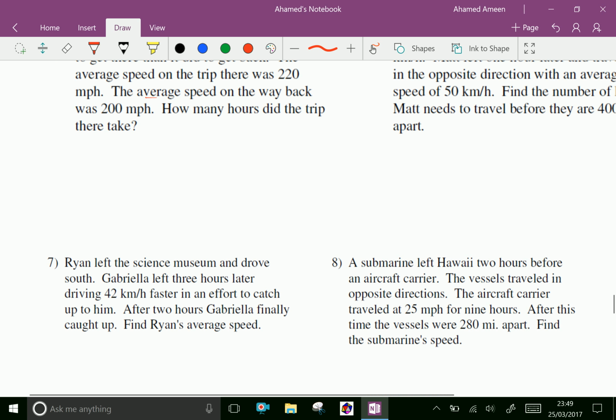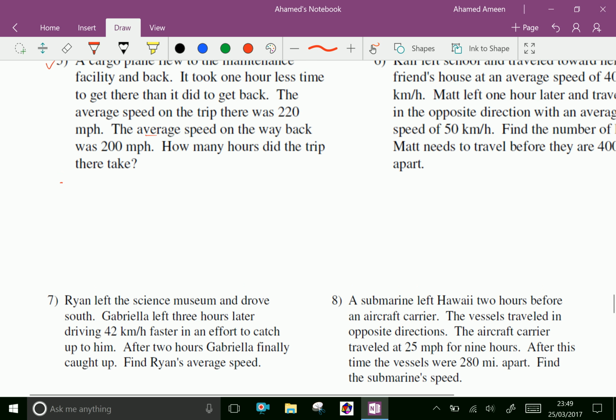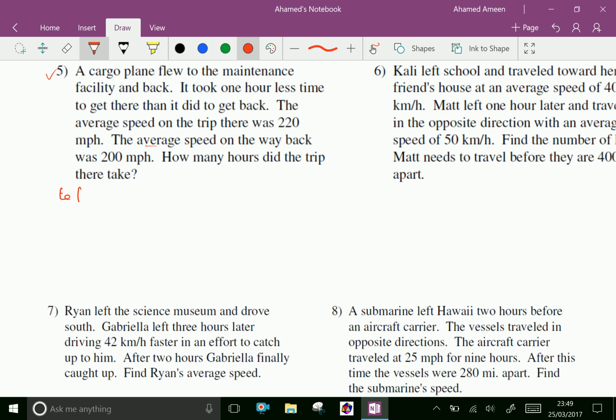Let the onward time equal x hours. Return time equal x plus 1 hours, because return time is 1 hour more.